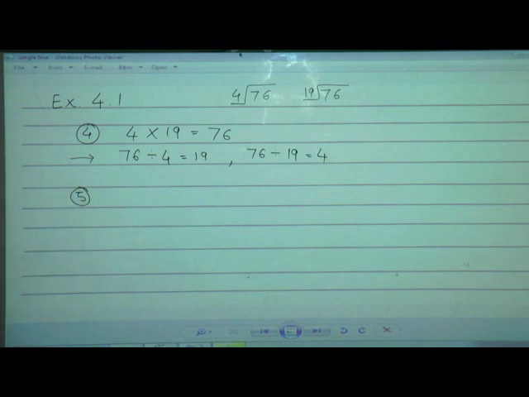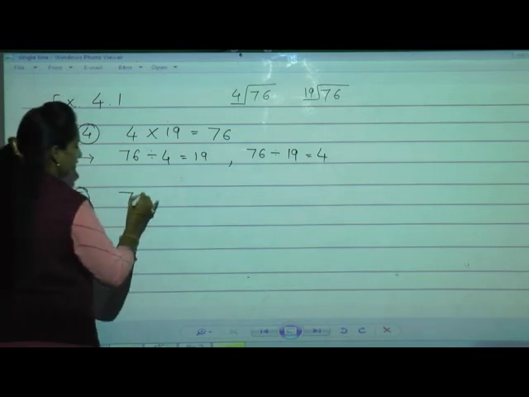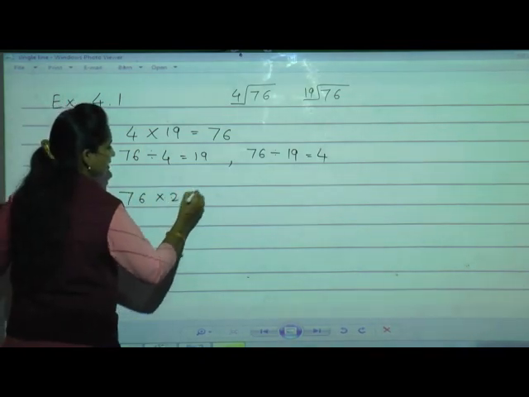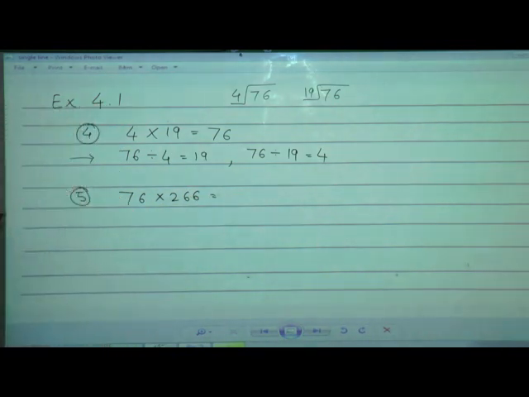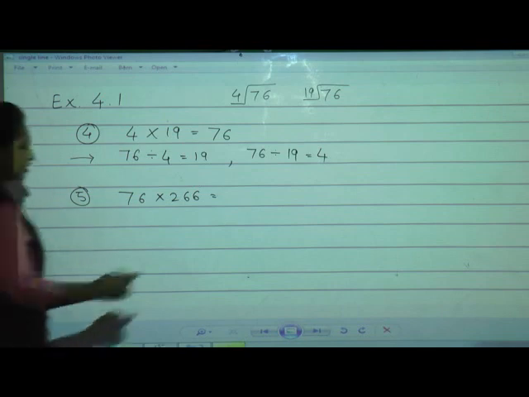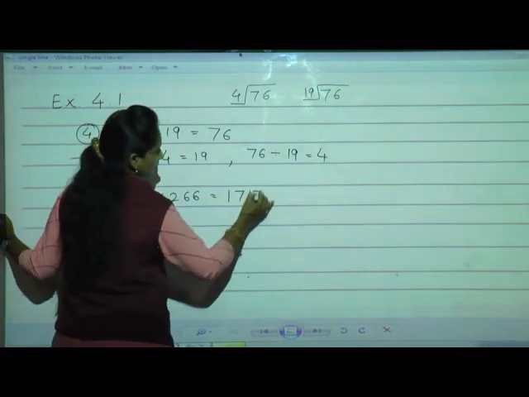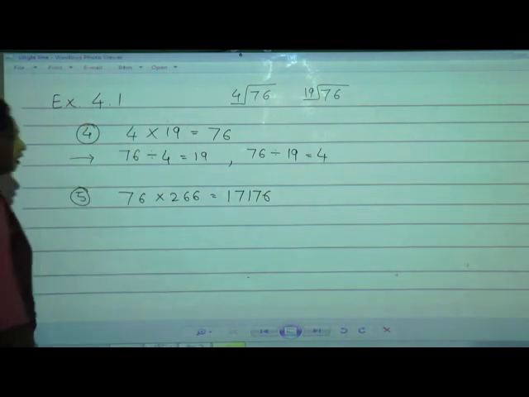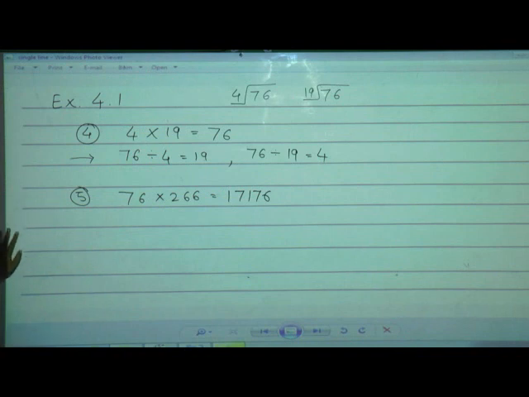What is the fifth question, students? Write two division facts for 76 multiplied by 266 is equal to 17,176. Okay. Now they asked us to write the two division facts.